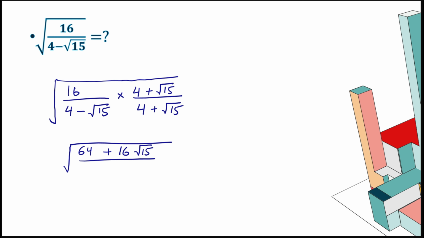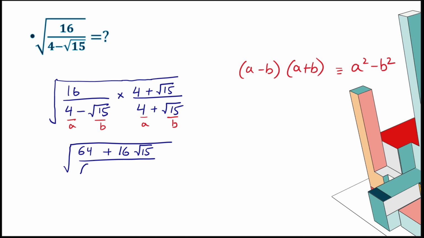And here we use the identity. The identity is a minus b times a plus b equals a square minus b square. Because this is a, this is b: a minus b, a plus b. So we will use that identity here.